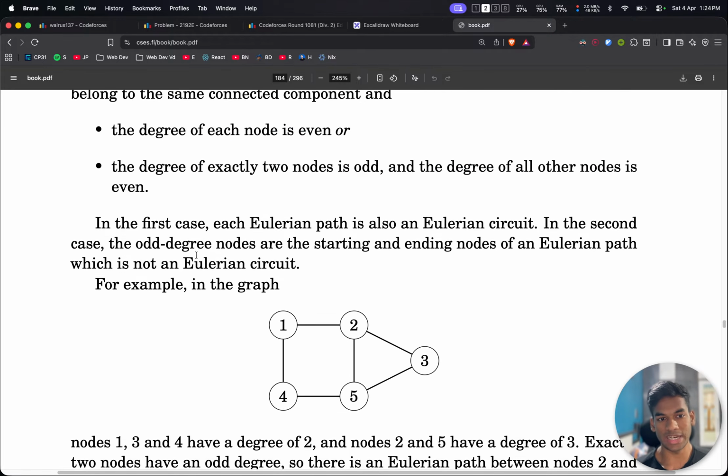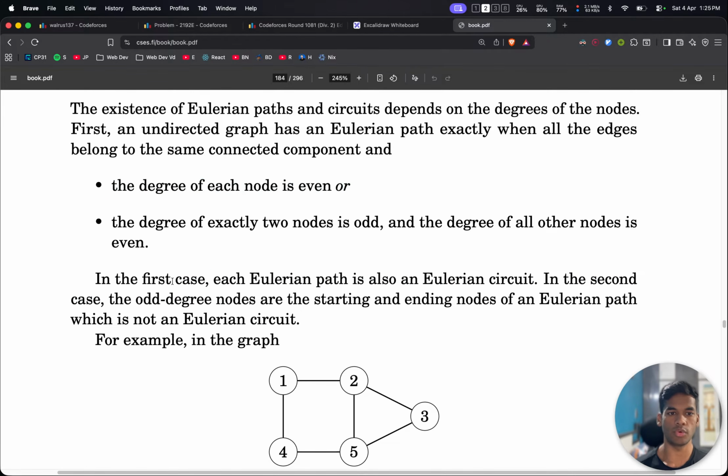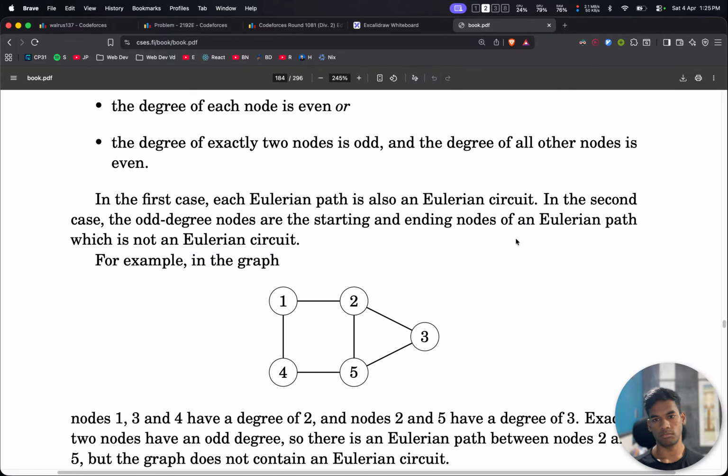Not two, but even. In the first case, when the degree of each node is even, each Eulerian path is also an Eulerian circuit. In the second, the odd degree nodes are the starting and end nodes of an Eulerian path, which is not an Eulerian circuit. We need to find an Eulerian path, not an Eulerian circuit.